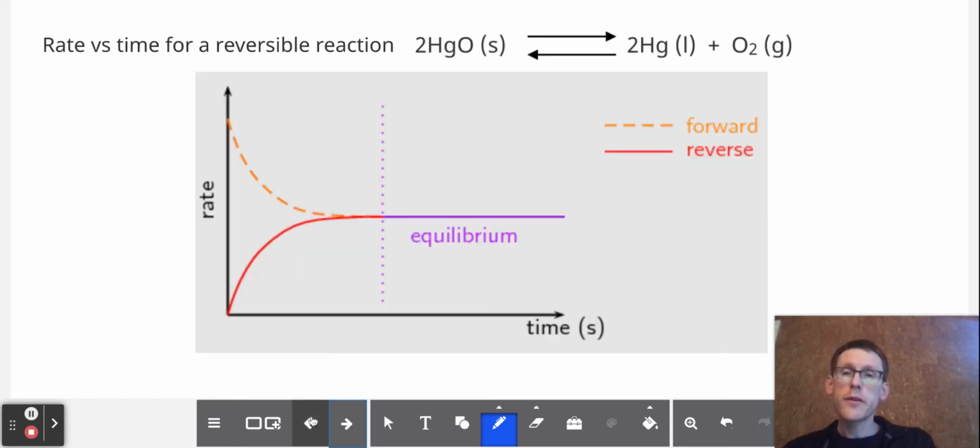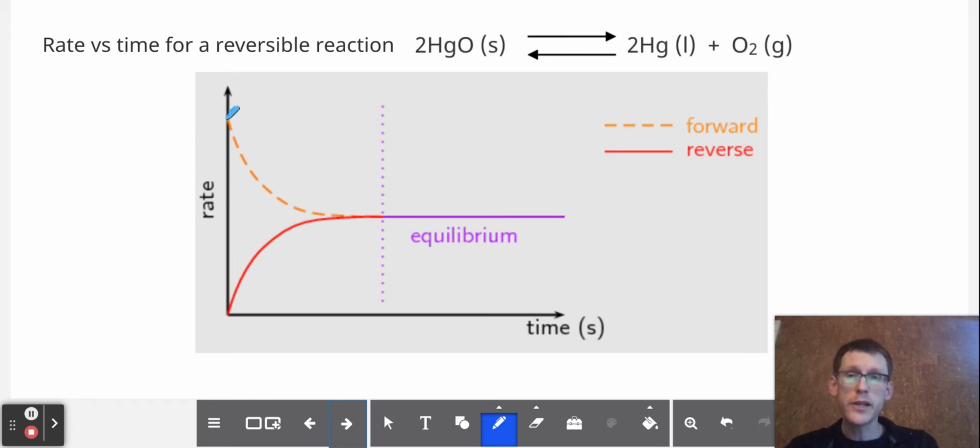So let's just say that we start off with a bunch of mercury(II) oxide, and that's all there is in a beaker. Let's say that we heat it up and allow it to start decomposing, at least to an extent. Initially, the rate of the reaction going forward is going to be as high as it ever will.